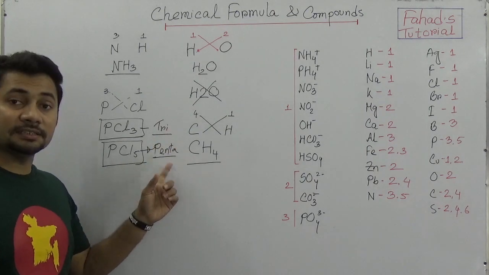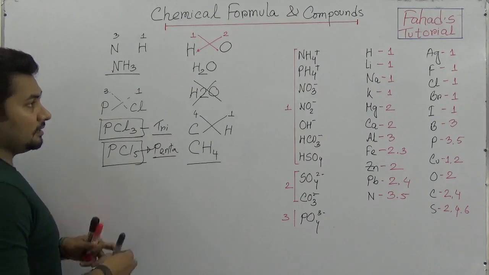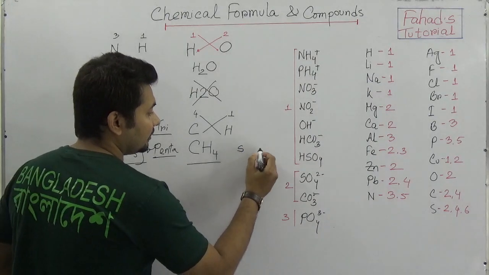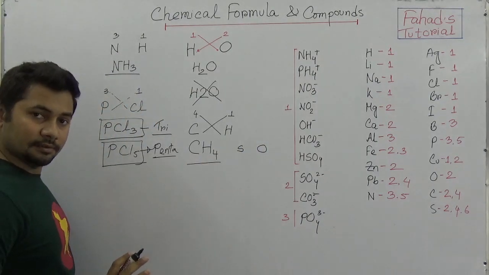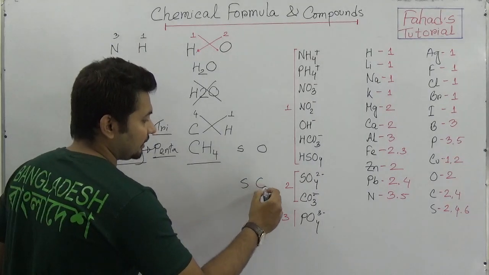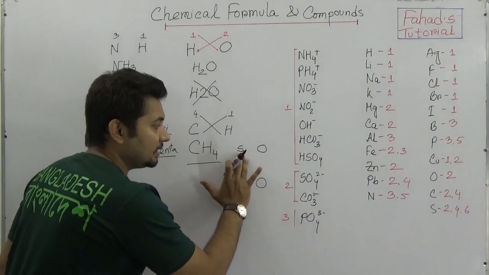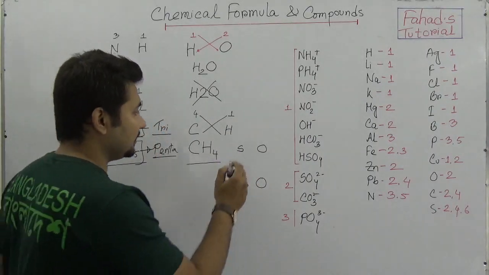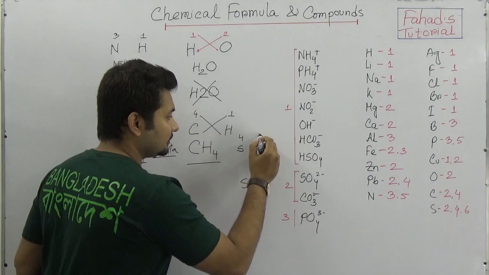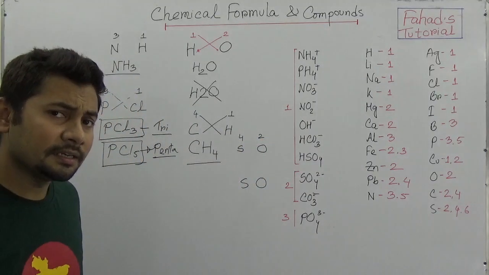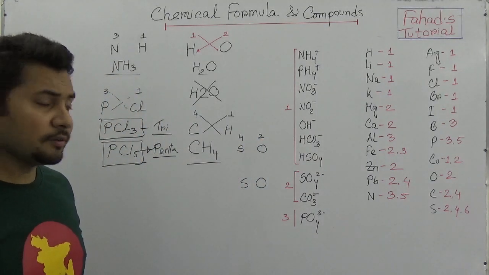So we can say these things again, like if you say sulfur and oxygen. I'm coming to the radicals later on. Now you see that the valency of sulfur is 4 and oxygen is 2. What will be the chemical formula?